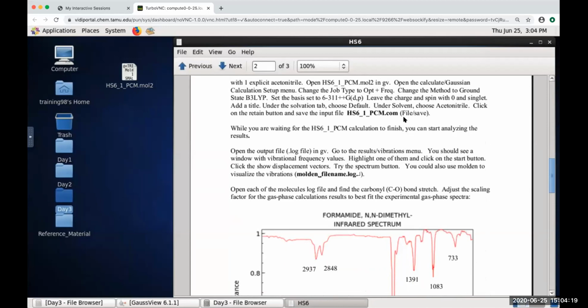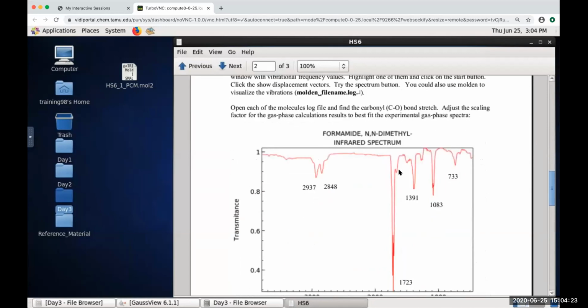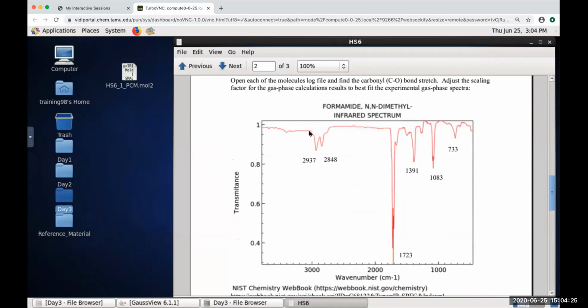And then when you're done running those calculations, you're going to go ahead and open them up and look at the results. And you can pull up the computed gas phase spectra within GaussView. And in there, you can change the broadening and the scaling factor, okay, and try to make it look similar to what is published for the experimental spectra in the gas phase.